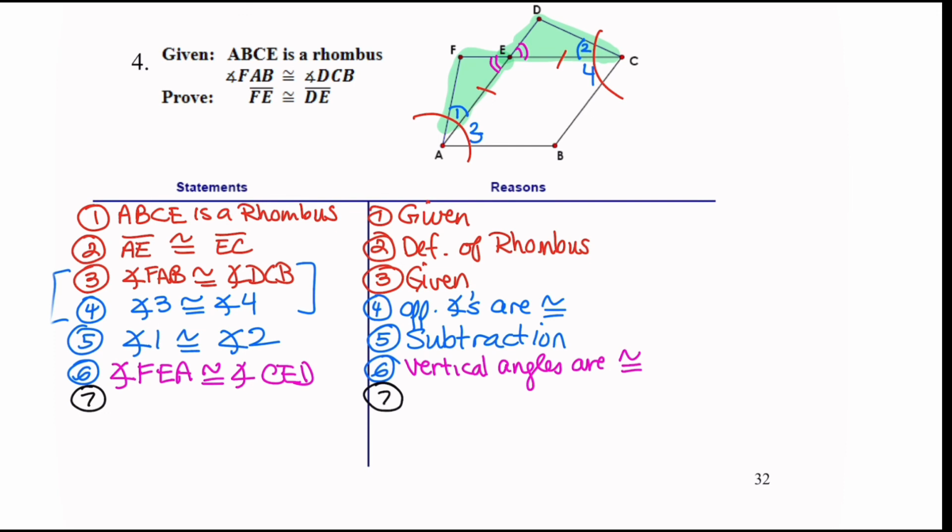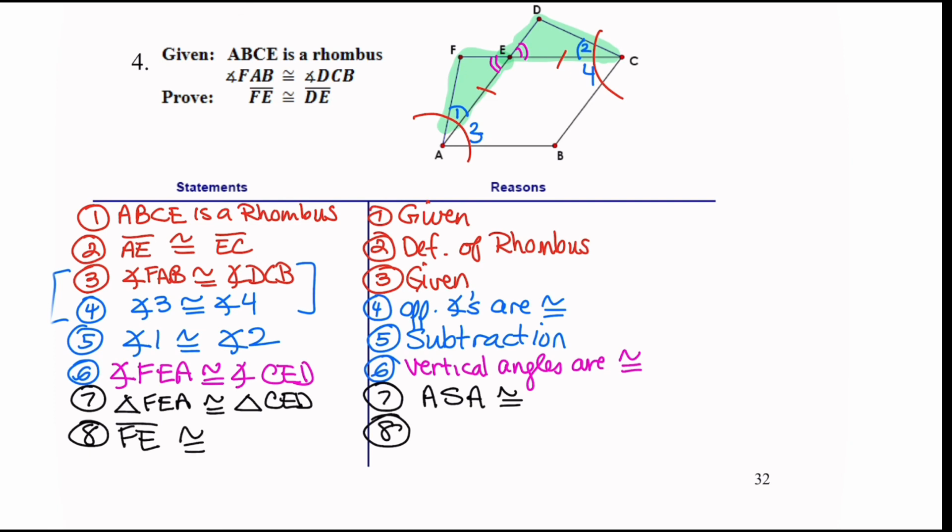Now I have enough to say that triangle FEA is congruent to triangle CED by way of angle side angle. And that helps me conclude that side FE is congruent to side DE by CPCTC.